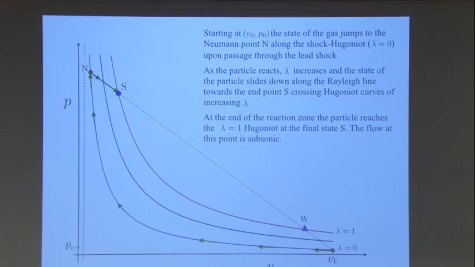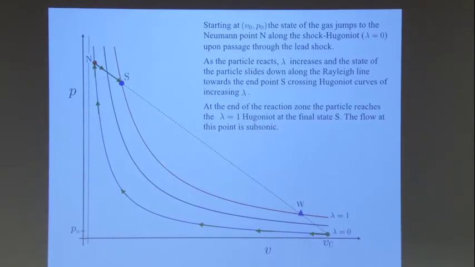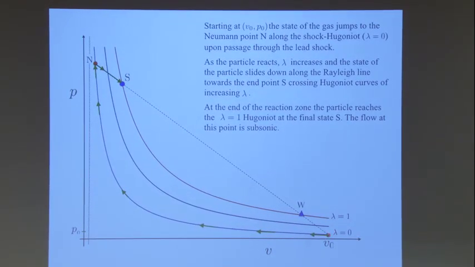So the idea of the ZND is that first of all, the mixture goes through a shock. So if it goes through a shock, it must go through the Hugoniot that goes through the initial state. Remember, that's the only Hugoniot that corresponds to Q equal to 0, right? No heat release.